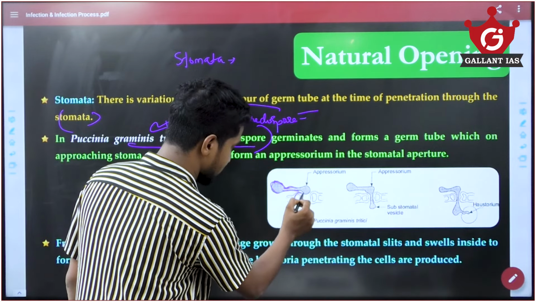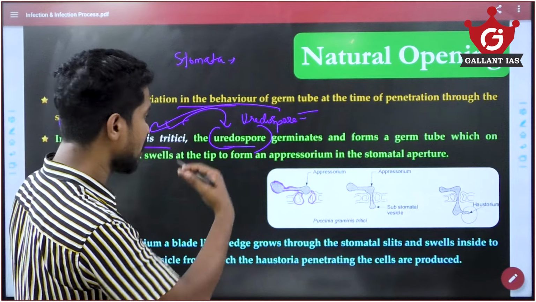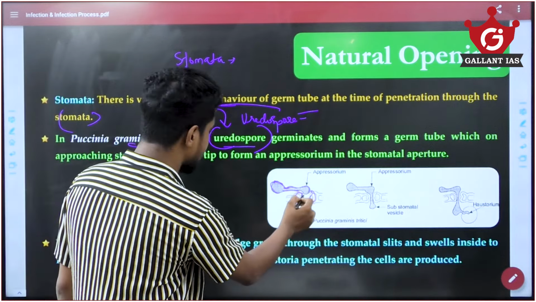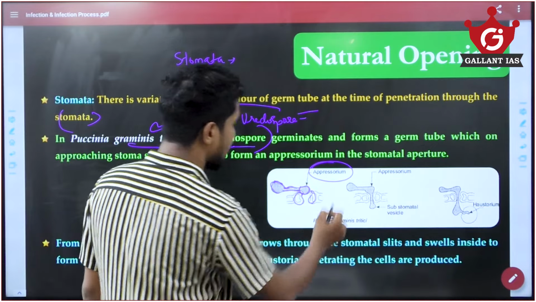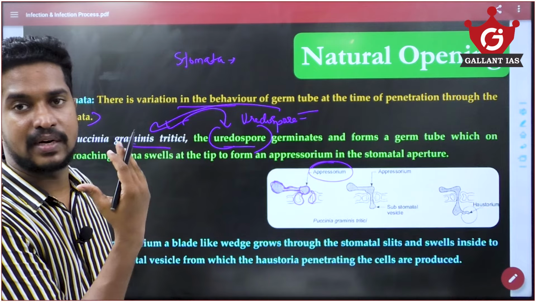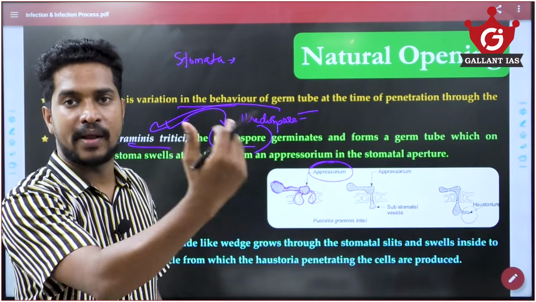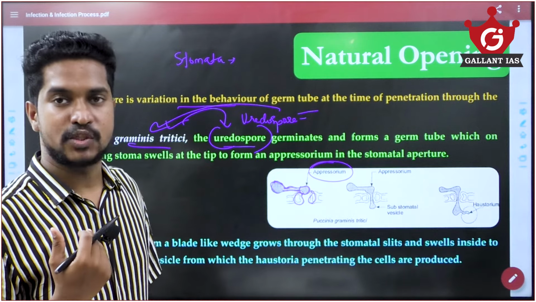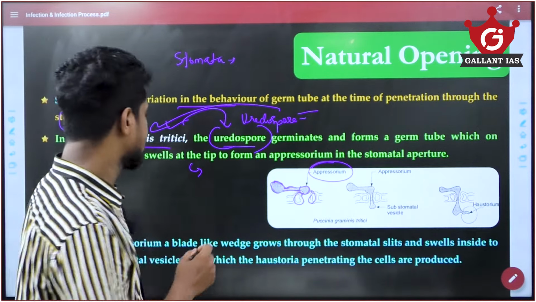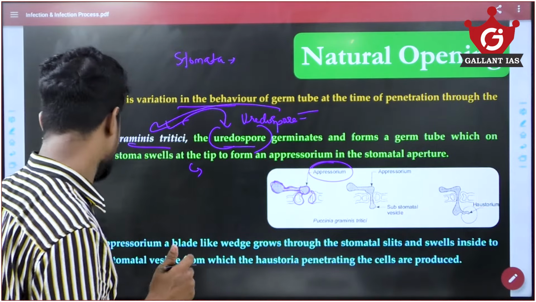While approaching the stoma, the tip of the germ tube swells to form the appressorium in the stomatal aperture.